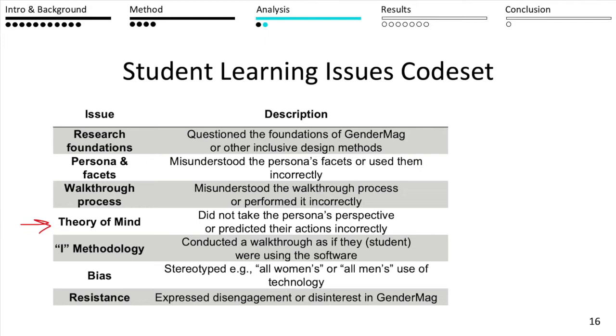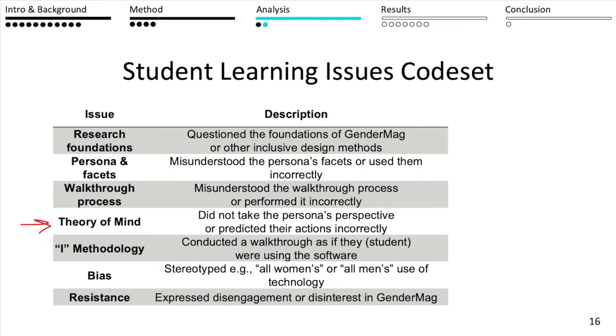It's called theory of mind because it means I have a theory of what you're thinking. Anyway, this is something that you really need with GenderMag because you have to be able to think of things through Abby's perspective or Pat's perspective or Tim's perspective. And so some students had trouble doing that.